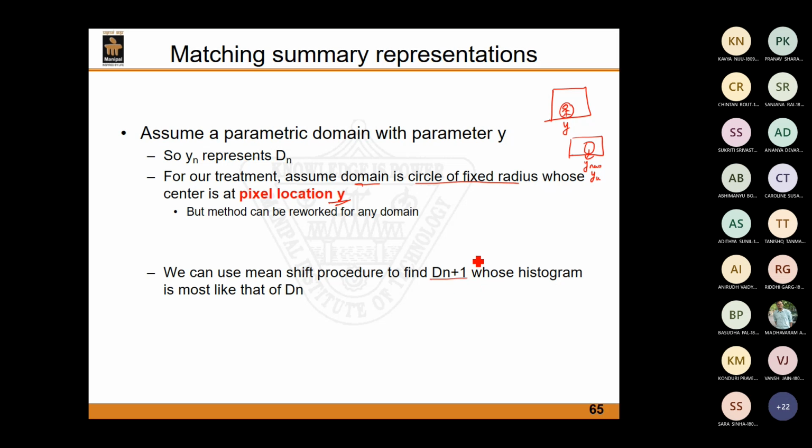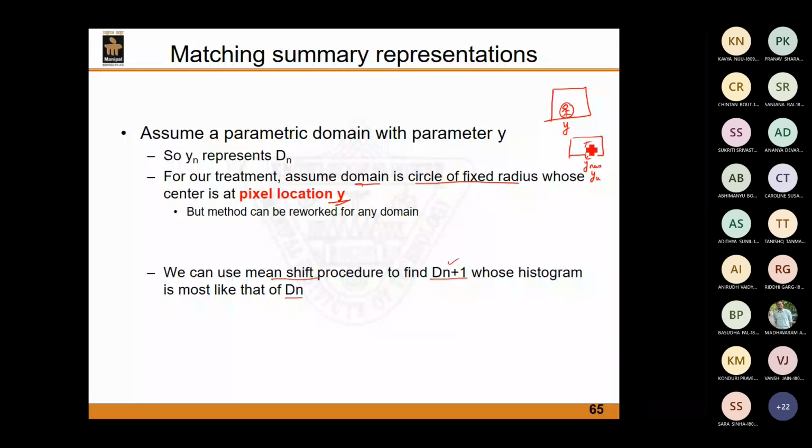Basically that means if you are translating it in terms of a mean shift procedure, then what you're doing is in the next frame you have to find dn plus 1 whose histogram is similar to that of dn. So what we assume is, if you are trying to calculate the histogram of this circular domain of interest, and let's say it has translated to this particular location, right?